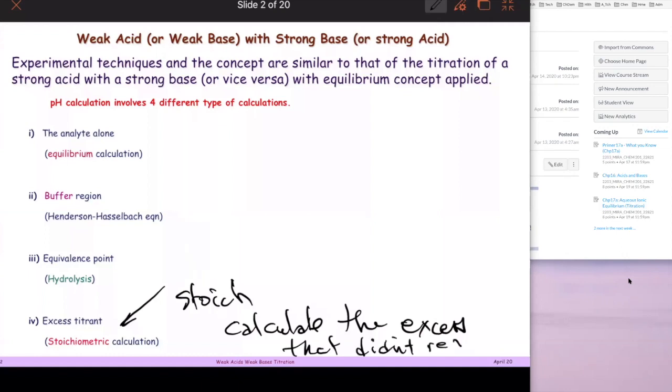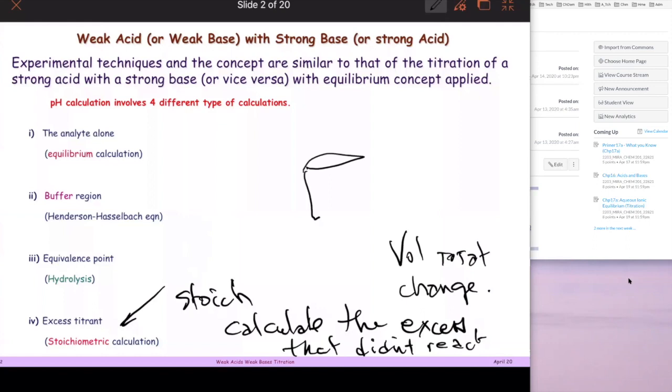When you can calculate the excess that didn't react, remember that during the titration, the total volume is constantly changing. Why? Because you have the analyte's original volume.